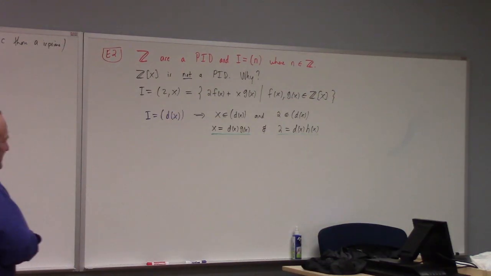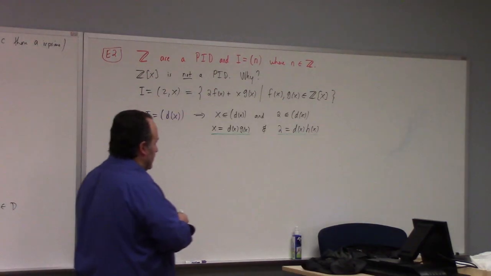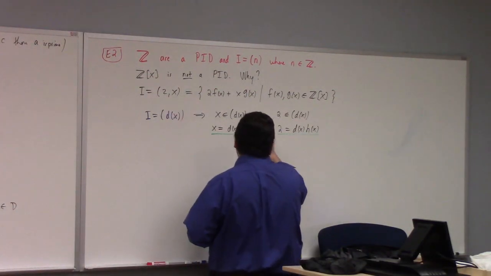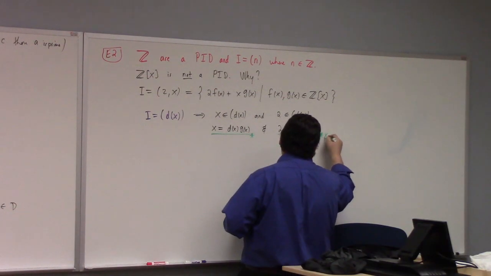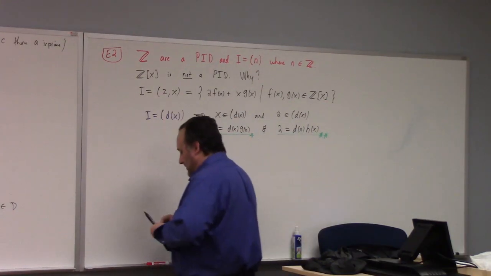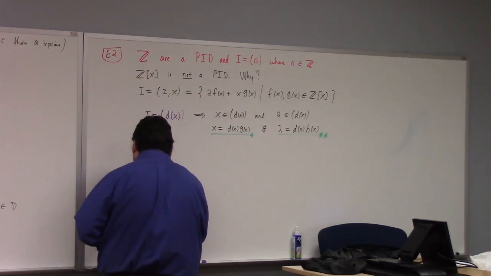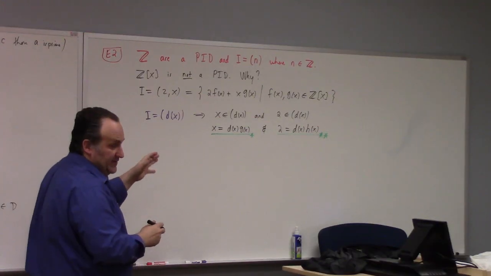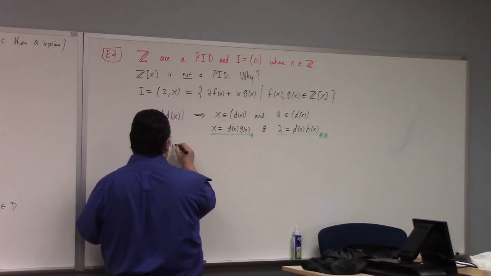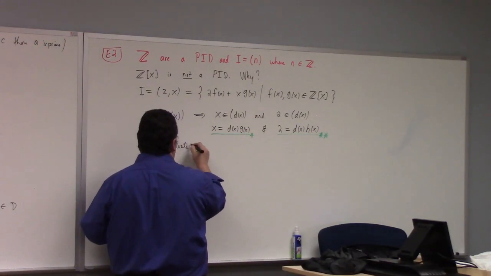Basically, just evaluate. Let's call these equations star and star star. There's probably a bunch of ways to attain this contradiction, but here's the way I'm going to do it today. I evaluate at 0, which is something we can do to polynomial equations.